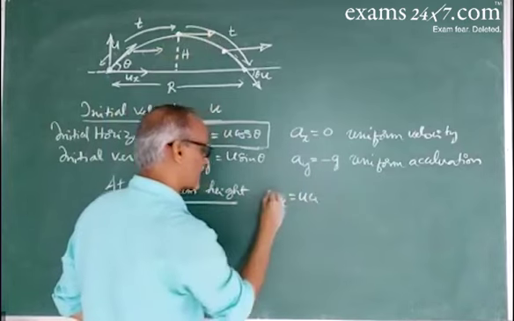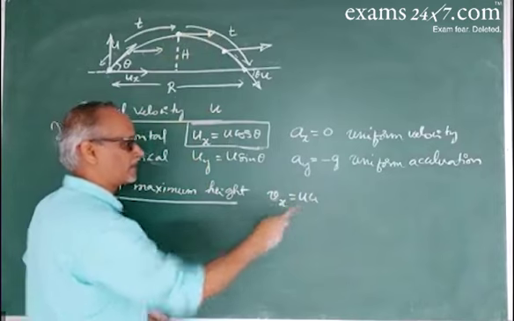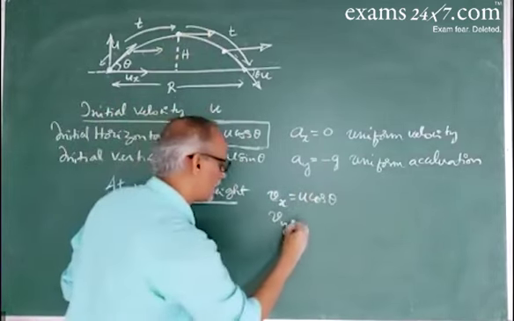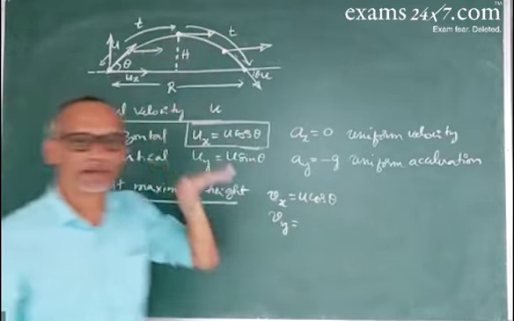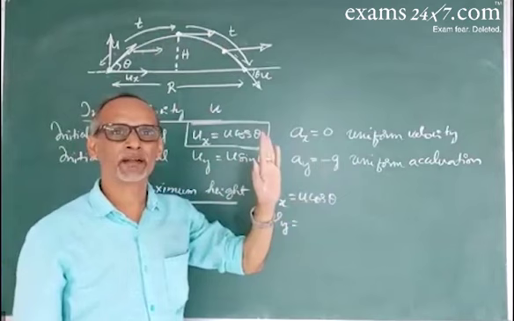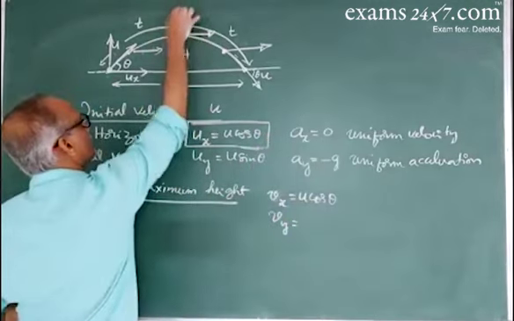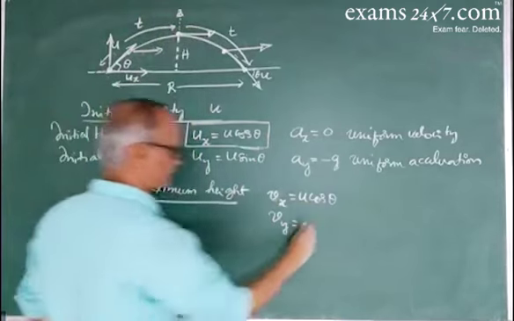Therefore, at maximum height, what is the velocity along the horizontal? You can write Vx, velocity, because I'm writing final velocity. Vx is equal to u cos theta. What is the vertical velocity at that point? Since the vector is horizontal, its component along the vertical is 0. So there is no vertical component when the projectile reaches the maximum height.